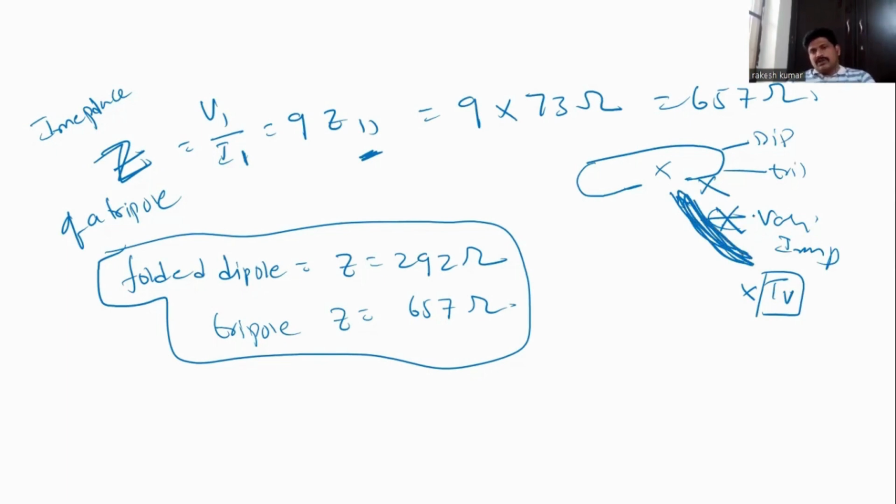This derivation of these formulas is suitable when all the dipoles have equal radius. If the radii are not the same, then you get another answer. For example, let us consider this is one dipole and this is my second dipole.